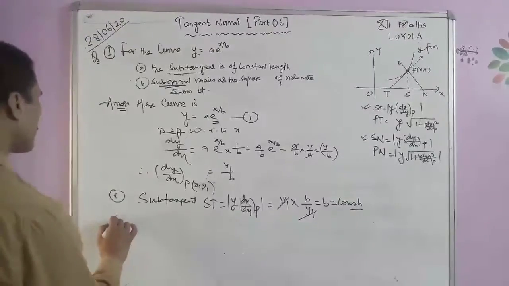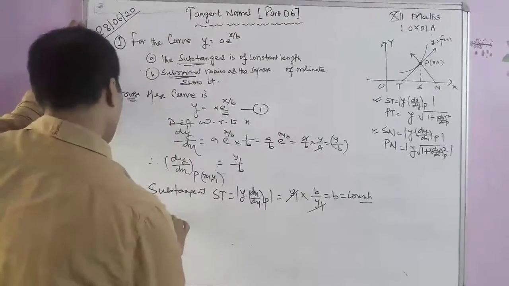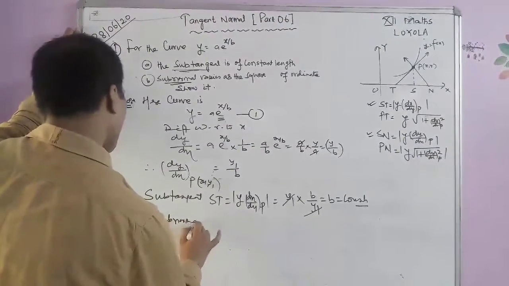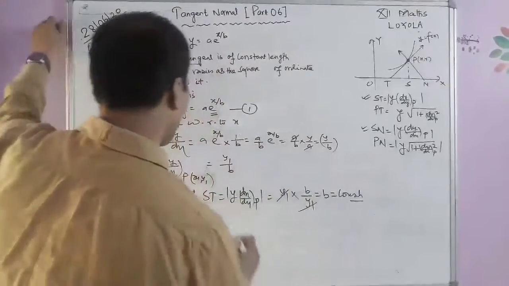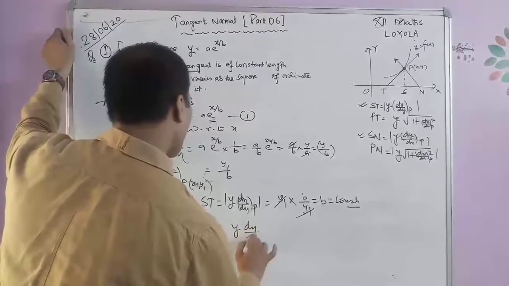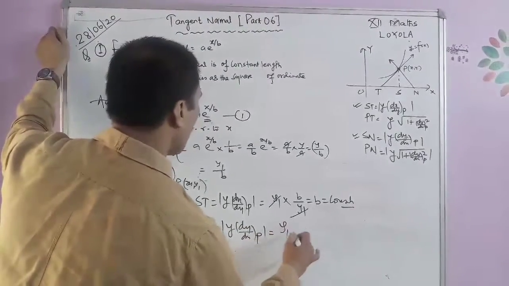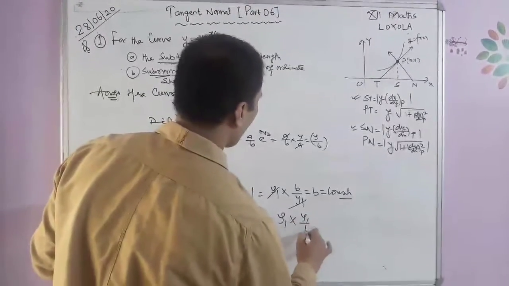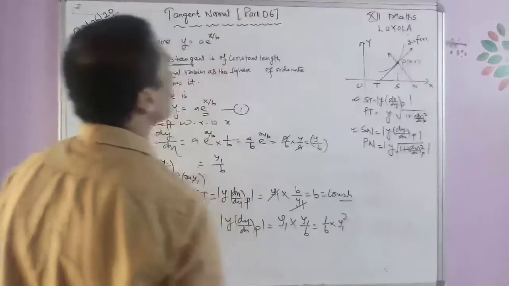Second, subnormal. SN equals, by the formula for subnormal, y dy by dx at point P. Here y means y1 and dy by dx at point P is y1 upon b, so 1 by b into y1 square.